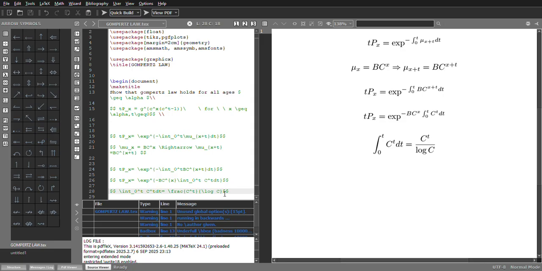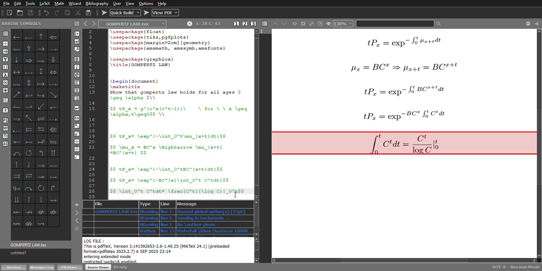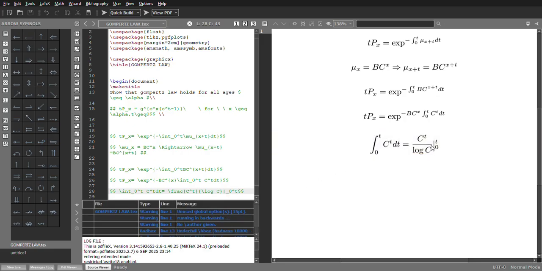Then we will substitute our limits, and our limits will be 0 to t. So that's our limit. We substitute our limits here, 0 to t.